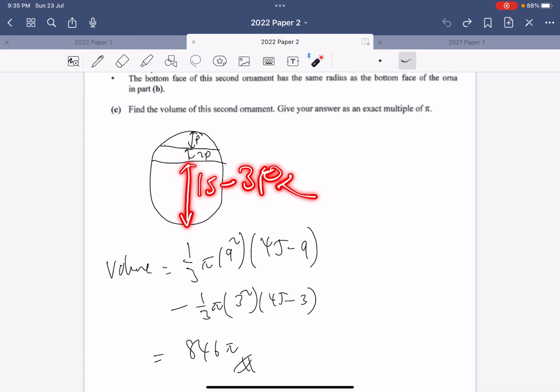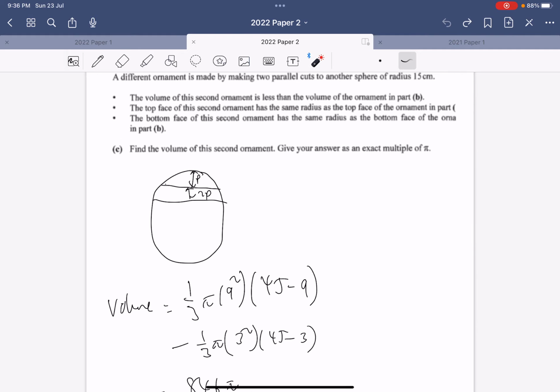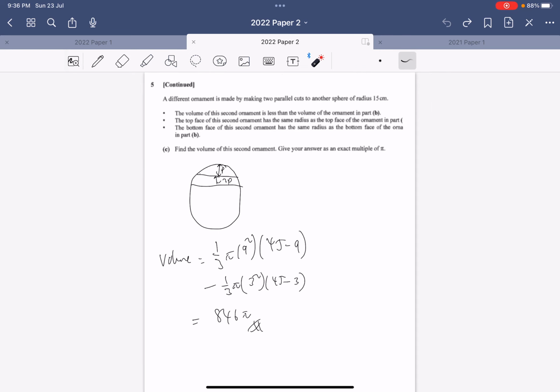But we already know p is 3. So it's actually 15 minus 3p, which is 9. So you get 6. And so now we are supposed to find the volume of this second ornament.